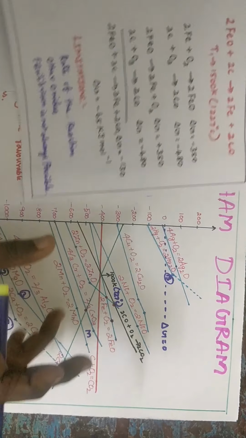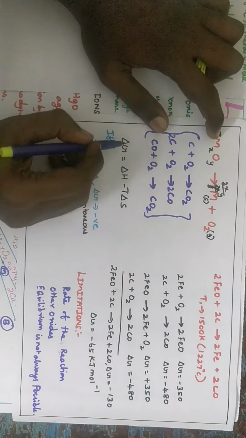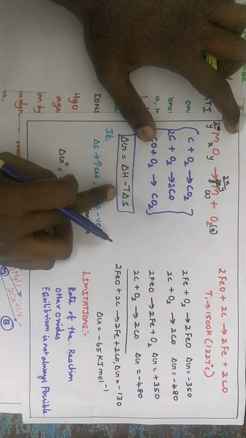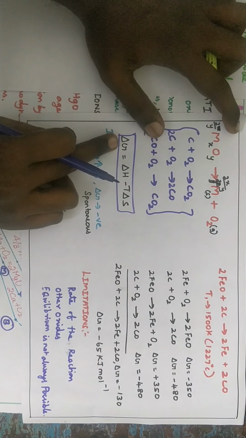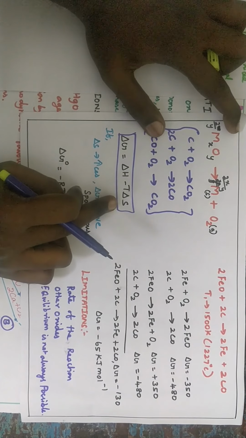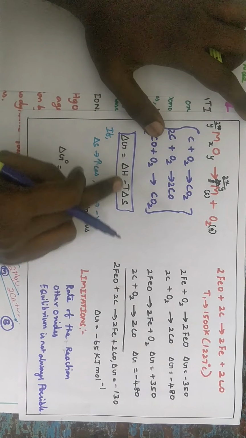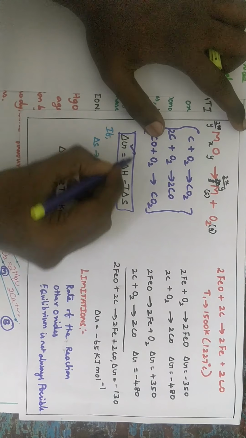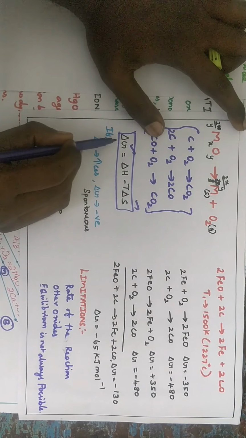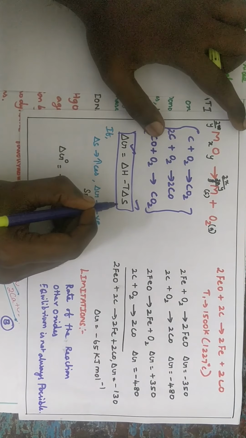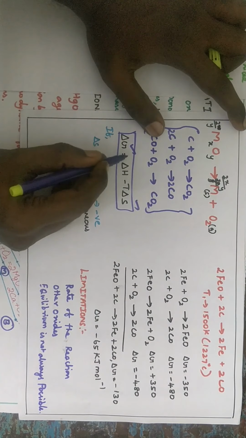Before going to this Ellingham diagram, we have to know the thermodynamic equation: delta G equals delta H minus T delta S. Delta G is change in free energy, delta S is change in entropy, delta H is enthalpy, T is temperature. You have to consider only these two, delta G and delta S. If delta S increases, delta G becomes more and more negative.